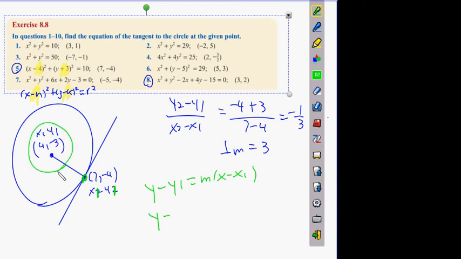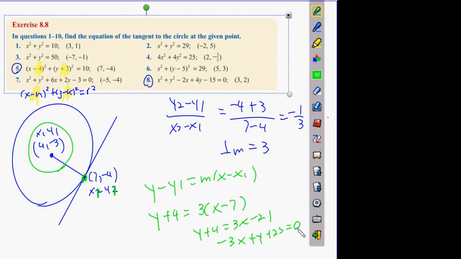Okay. So now y minus y1 is y plus 4 equals 3 into x minus 7. Then you have y plus 4 equals 3x minus 21. And then, 3x over, so minus 3x plus y plus 25 equals 0.